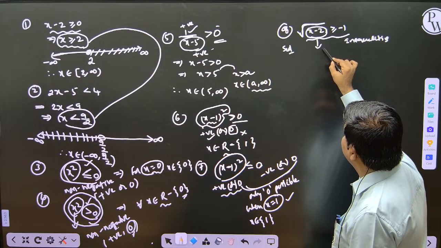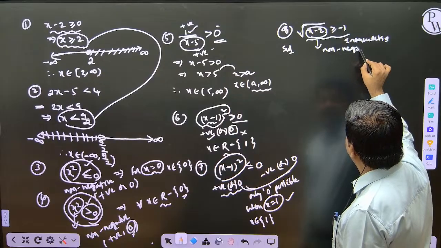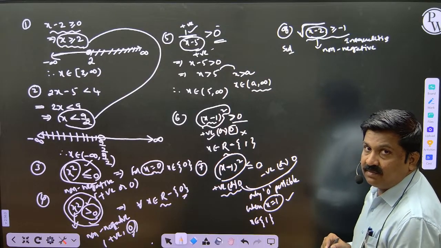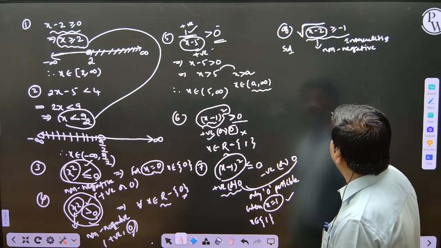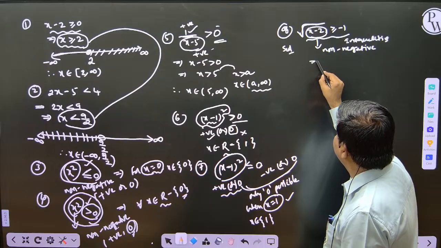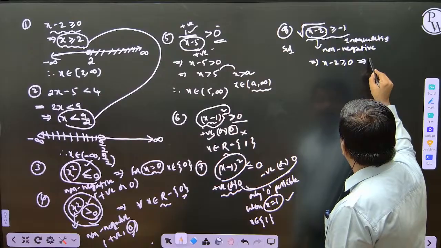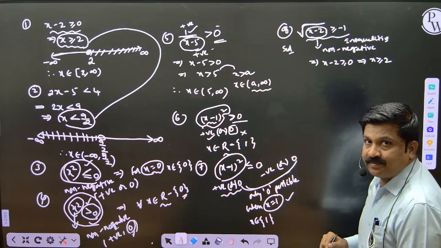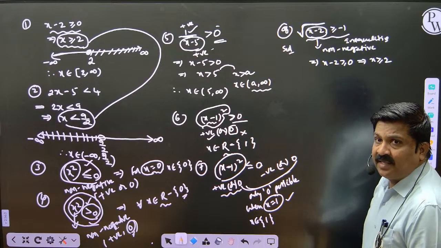The square root is defined when the inside is non-negative. That means x minus 2 should be greater than or equal to 0, that is, x greater than or equal to 2.